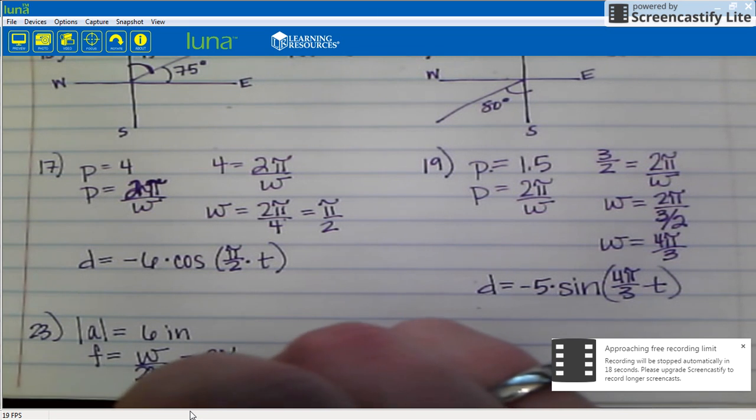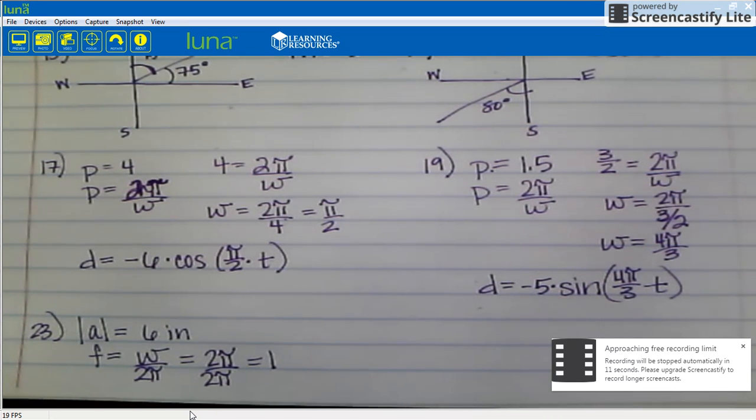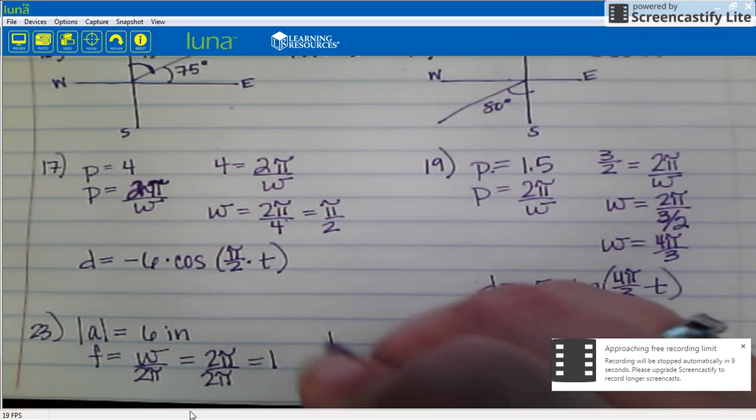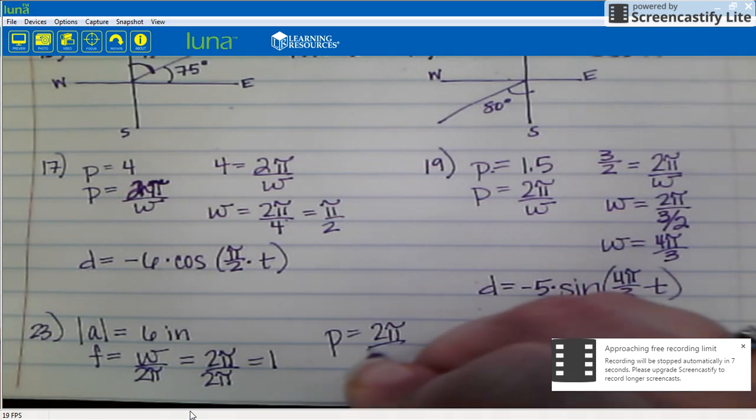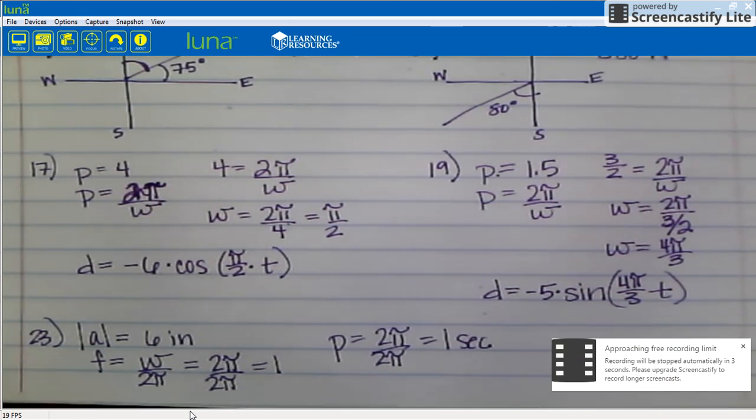So I have 2 pi over 2 pi, which is 1. And my period is going to be 2 pi over W, which is 2 pi over 2 pi, which is also going to be 1 second.